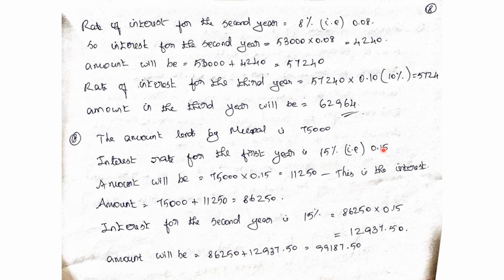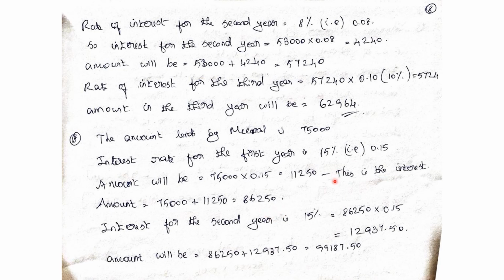For the first 2 years, the rate of interest is 15%. 15 means nothing but 15 by 100. We can write it as 0.15. Okay, amount will be 75,000 into 0.15. So we'll get 11,250. This is the interest. Amount becomes 86,250.